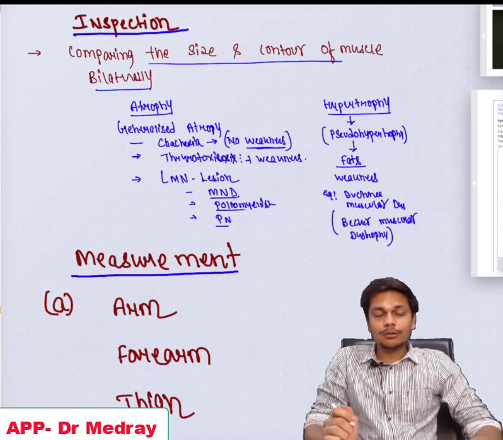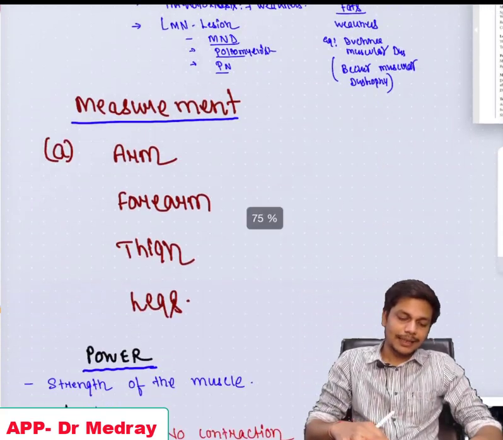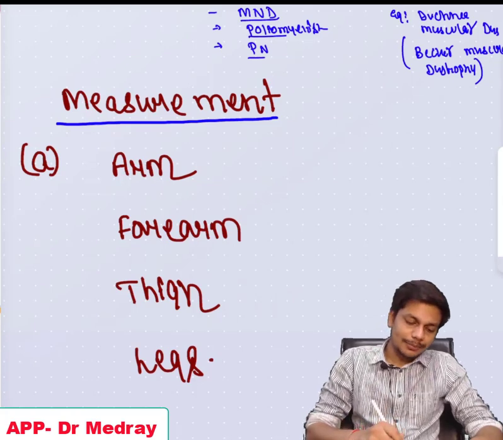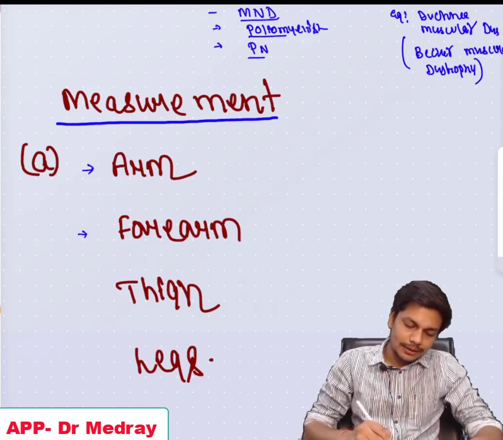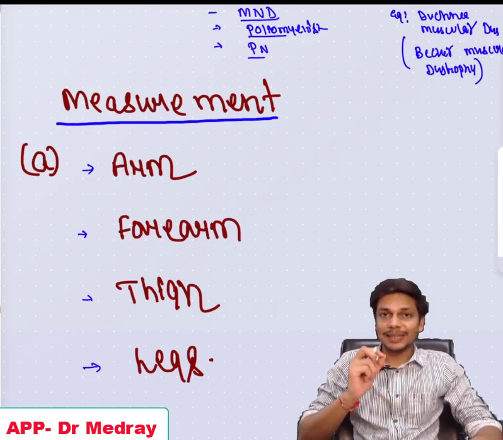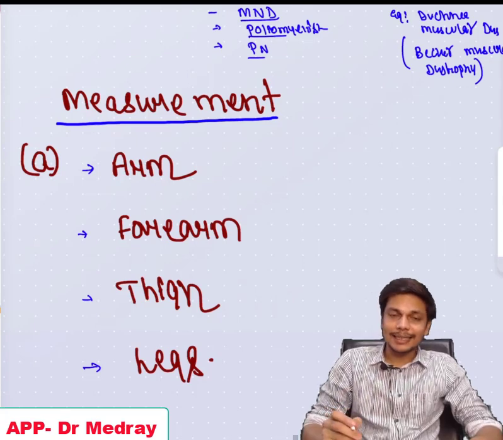Then you can also do some measurements to look for the muscle volume. What measurement do you have to do? You have to measure the muscle at 4 levels: at the arm, at the forearm, at the thigh and at the leg. There is a particular point at which you have to measure the muscle bilaterally.